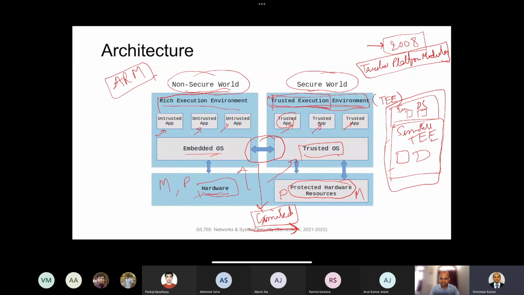So you can think of similar applications, similar functions that could be executed in this environment. And from the non-secure world, you can call those functions, and then you could get a response from those functions. So you can use those functions as a black box. You give inputs to those functions from the non-secure world, and then you could take out the results or the output from those functions. So thank you, sir.